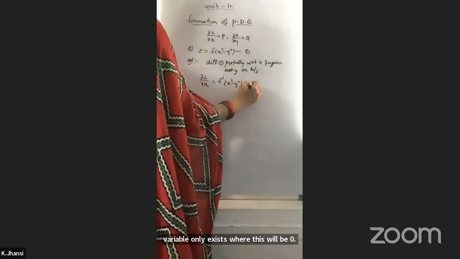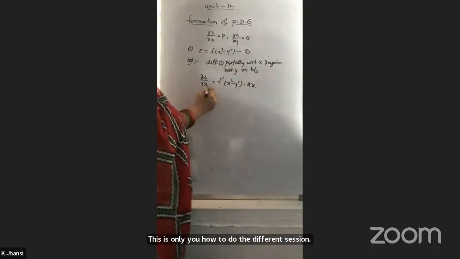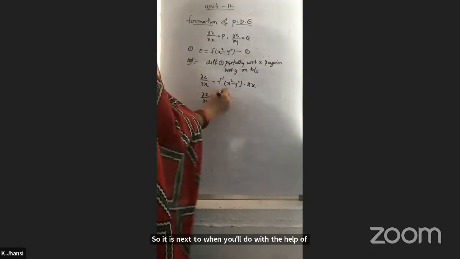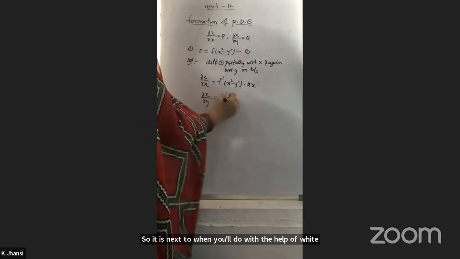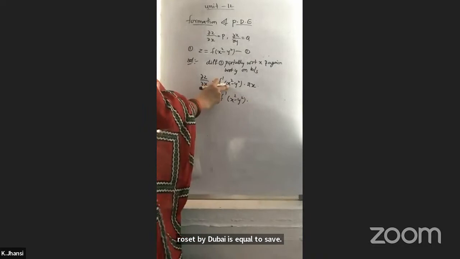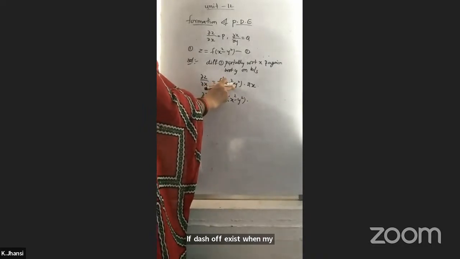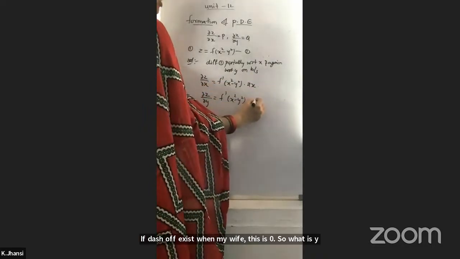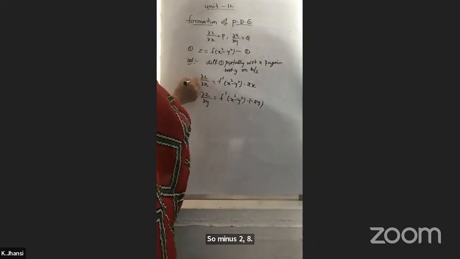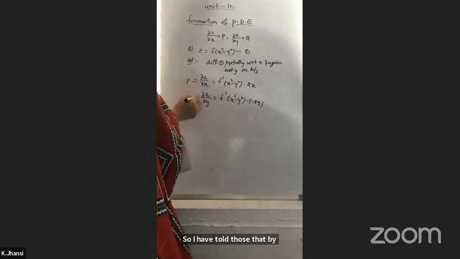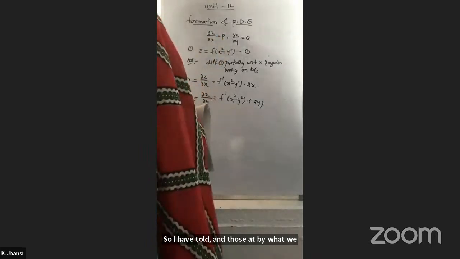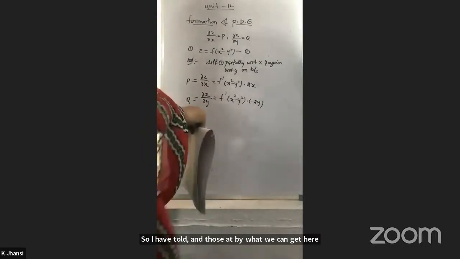So it is into 2x. Next, with y, ∂z/∂y equals f dash of x square minus y square into the derivative of y square, which is minus 2y, with x square giving 0. So minus 2y. I have told you ∂z/∂x is p here and ∂z/∂y is q here, so we can take both the terms as p and q.